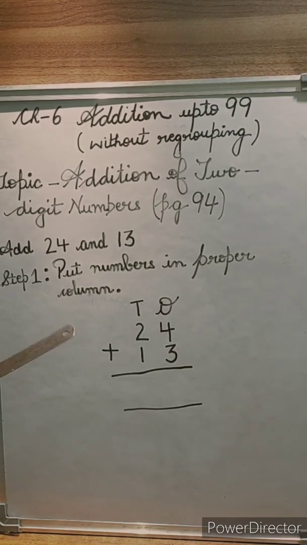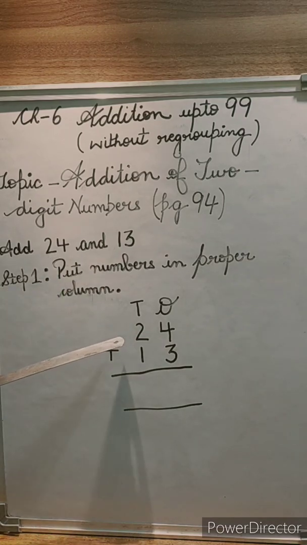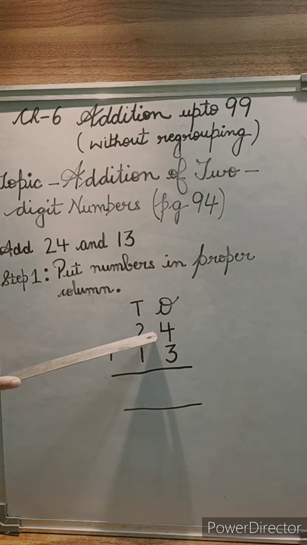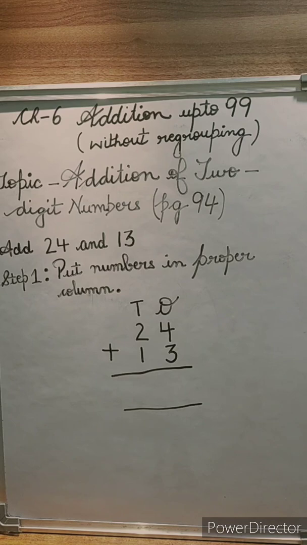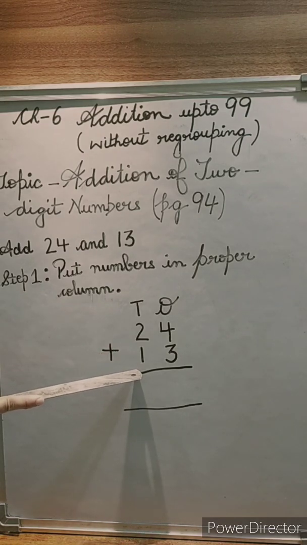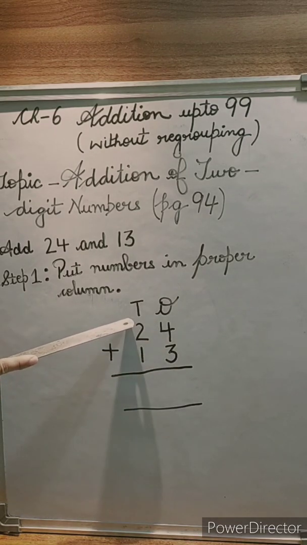So children, look at here, I have arranged these 2 digit numbers in proper column. ठीक है, I wrote 24 first, as you know that 24 is a bigger number, so always try your best to write bigger number on top. Then 13, ones column, tens column.